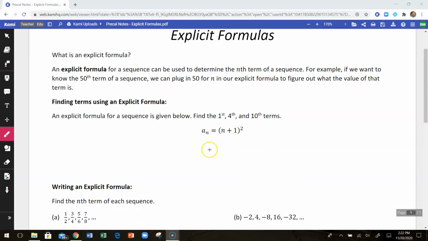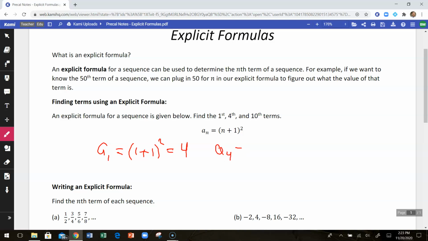This is kind of a recap from our intro video. If I have an explicit formula, a sub n equals n plus 1 squared, find the first, fourth, and 10th terms. The way I'm going to write this is a of 1 is going to be 1 plus 1 squared. I'm just plugging in 1 for n, so that's going to give us 4.